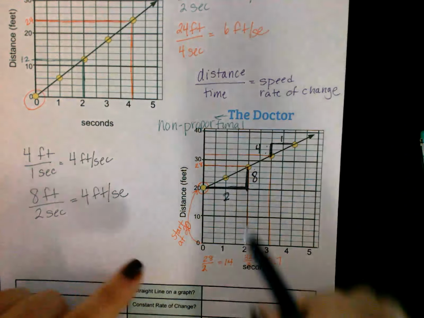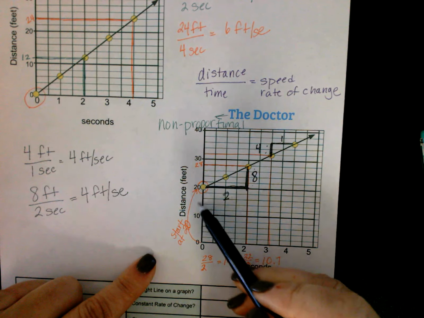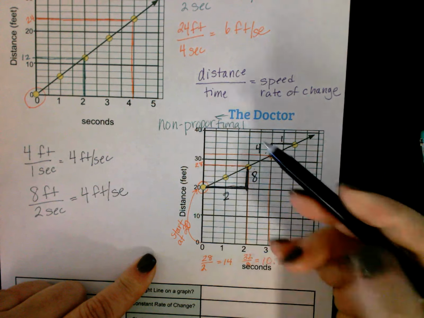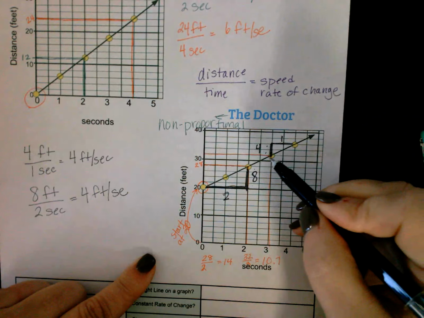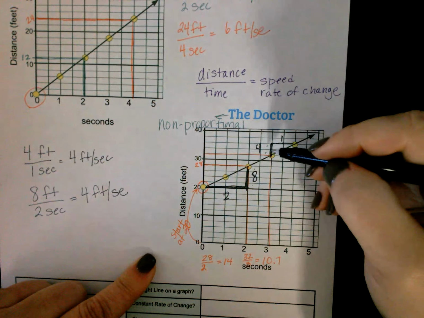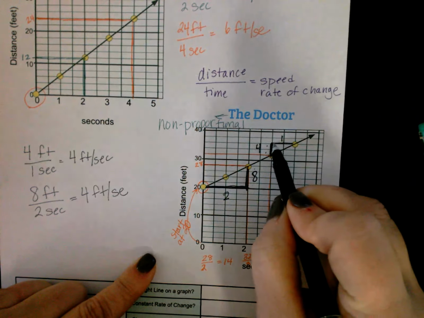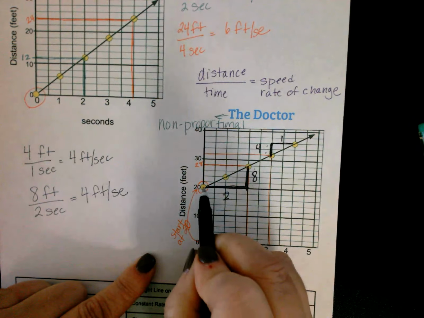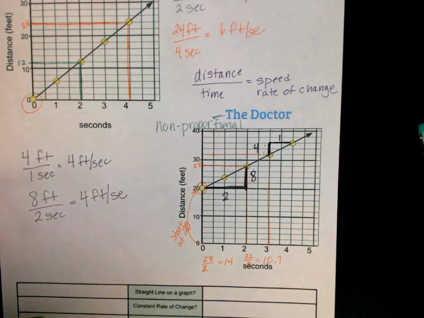When you have a non-proportional situation, meaning they did not start at 0, you need to connect any 2 points. How did the distance change over the time? How far did they travel over how long? Because of the head start.